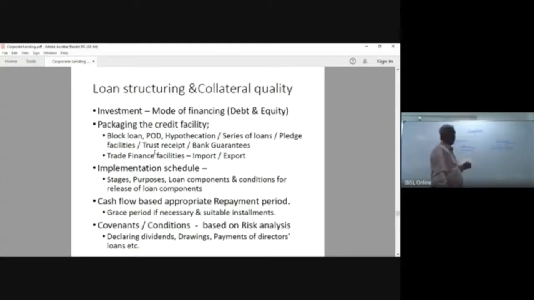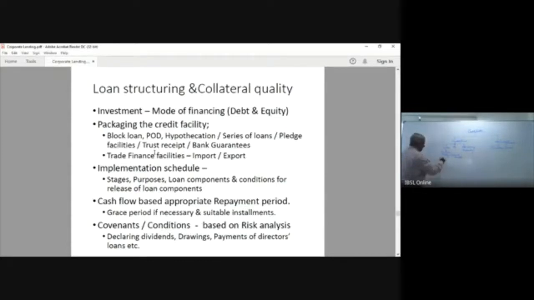Bank guarantees and bonds are non-funded or indirect facilities. There are so many types of loan: guarantee loans, mortgage loans, mortgage maybe of immovable or movable assets, and then there are so many other things.